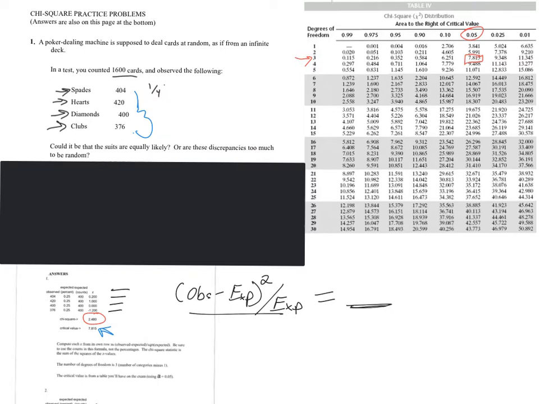They're coming out slightly different, and the question is, are these observed numbers too much to be random? And the answer is no, right? So we're saying that this falls within the accepted randomness, because the chi-square is smaller than that critical value from this chart. And that's it. That's the chi-square for the first problem.